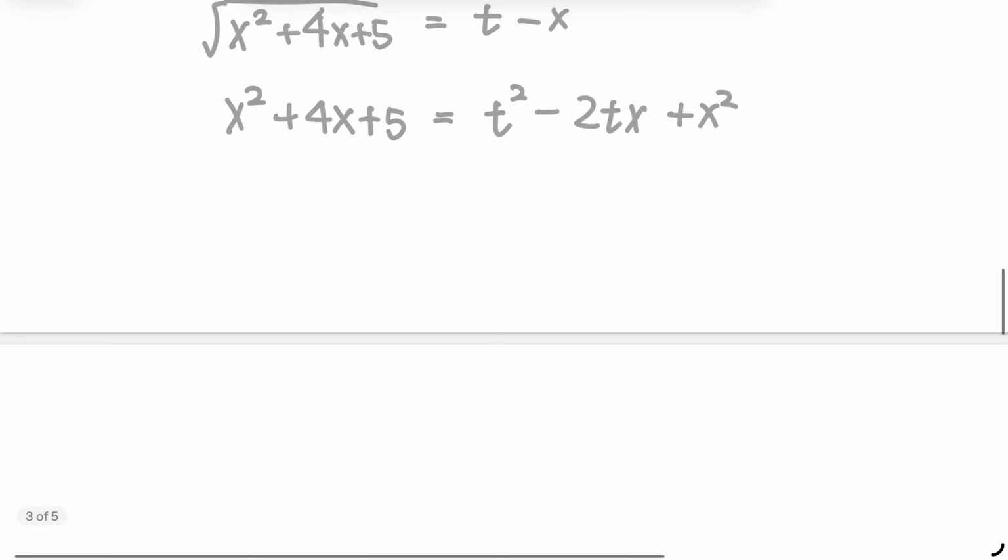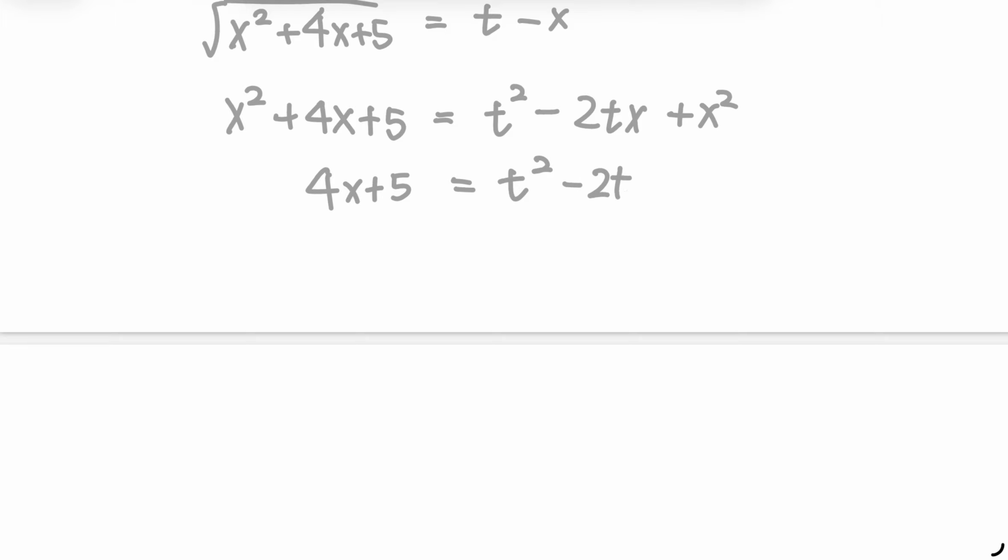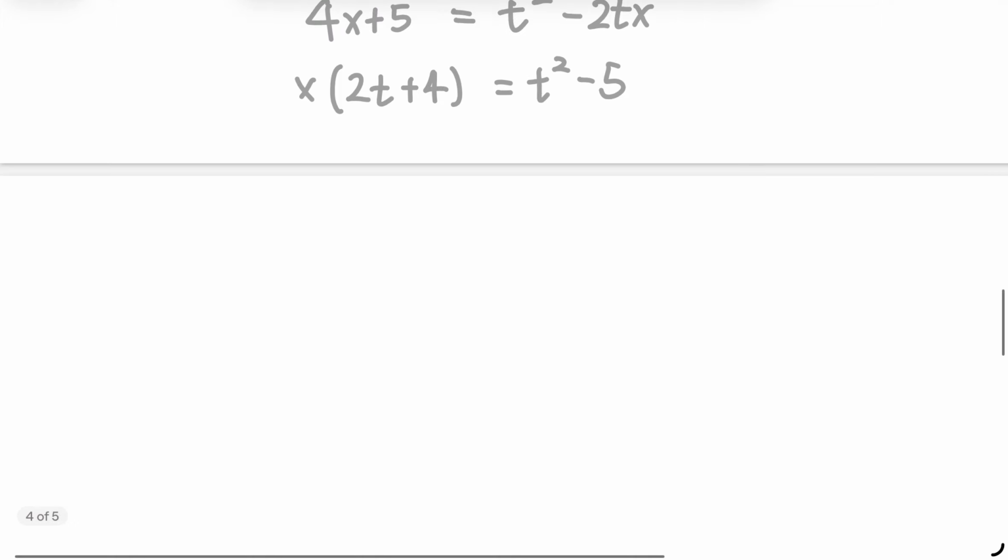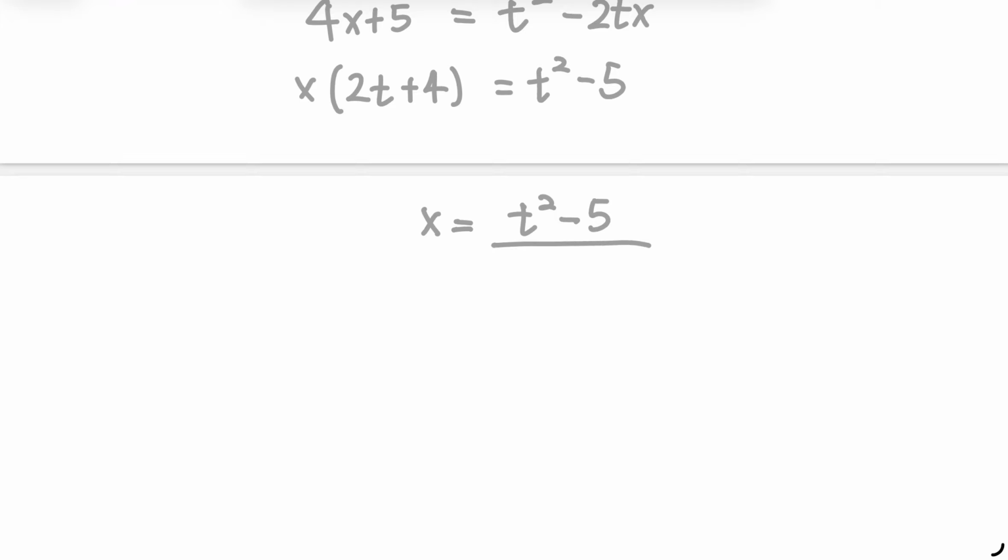Let's simplify and factor out, making it in terms of x. Why are we doing this? To differentiate it.